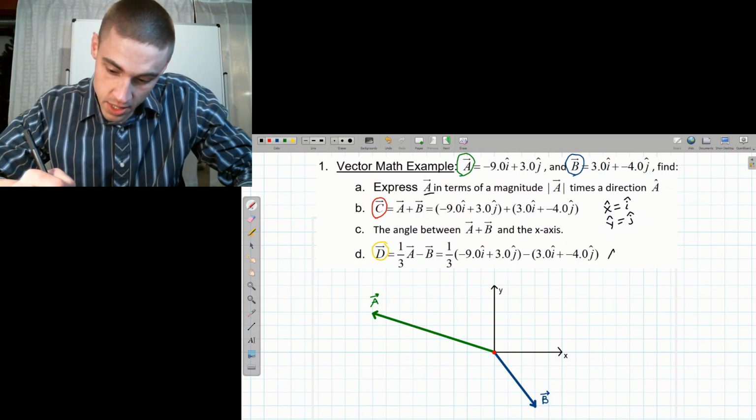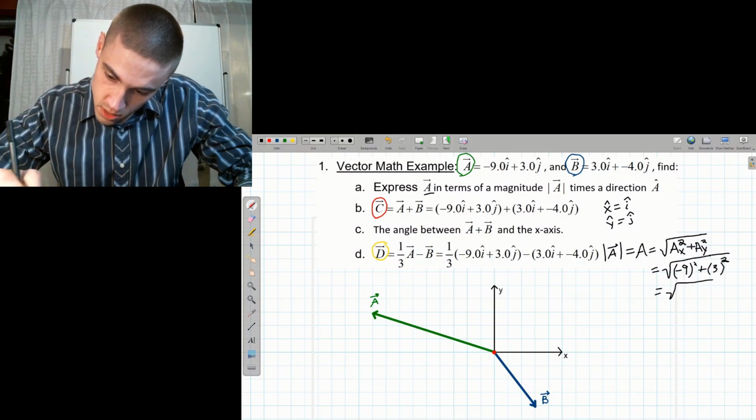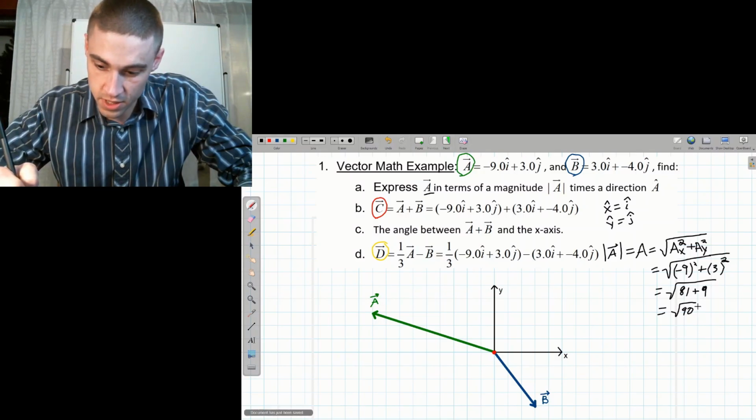So the length of A, which by the way is sometimes just shortened as A without any vector over the top of it, is equal to the square root of ax squared plus ay squared. So plugging in numbers here, in other words, we have root 90 as the length of the vector A.